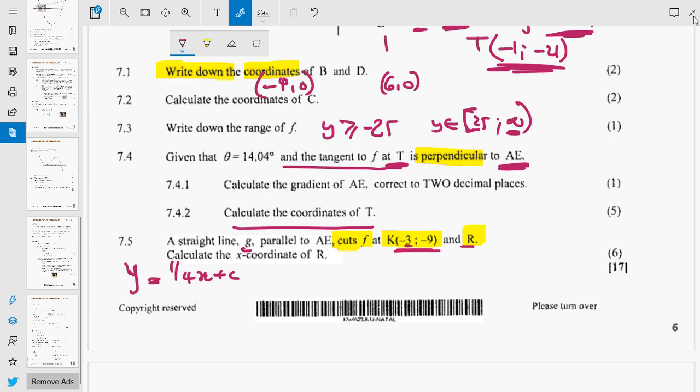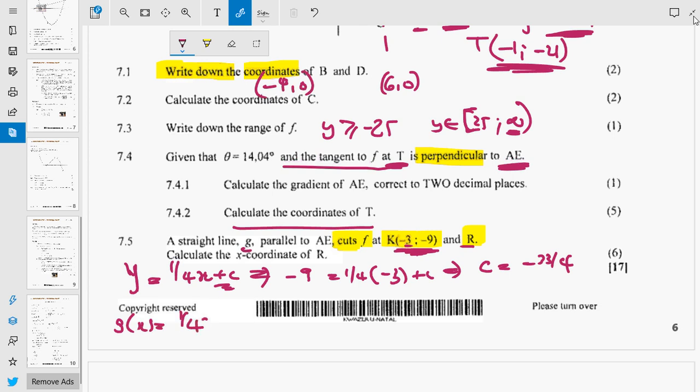Now, they told me that g passes through K. So this means that I can find c, because -9 is equal to 1/4 times -3 plus c, which means c is equal to -33/4. So g of x is equal to 1/4 x - 33/4.